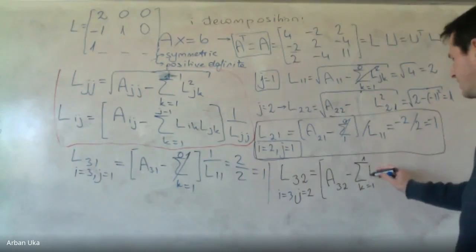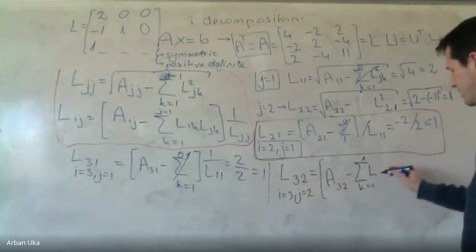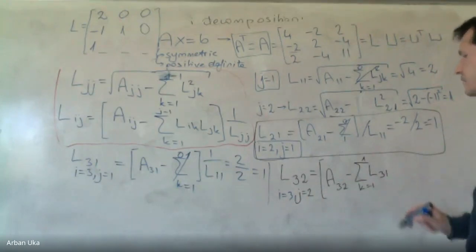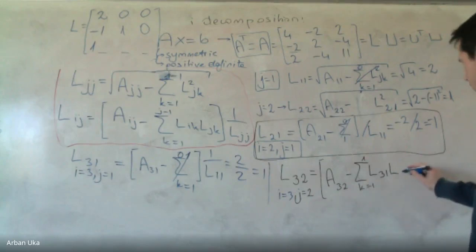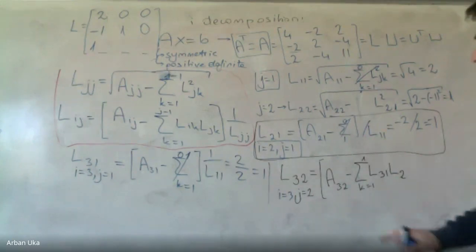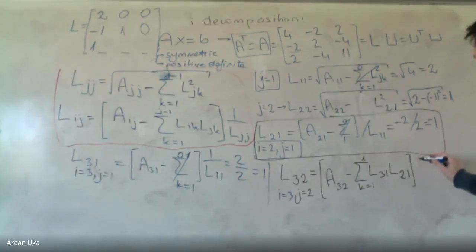And this is Lik, where I is 3 and K is 1, times Ljk, where J is 2 and K is 1, so L21. Okay? So we get this expression times 1 over Ljj, which is L22.